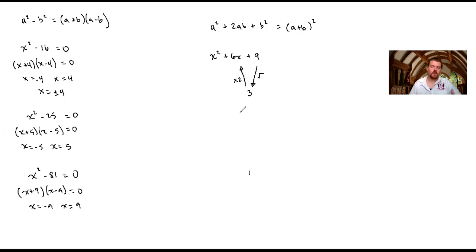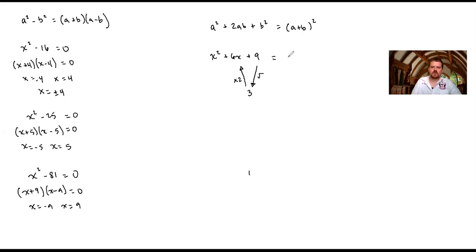And that's a little oversimplifying it, but especially in these examples, like I said, where a is 1, that's the pattern you're looking for. If you can take the square root and double that number and you get your b term, then that means that yes, this is a perfect square trinomial.